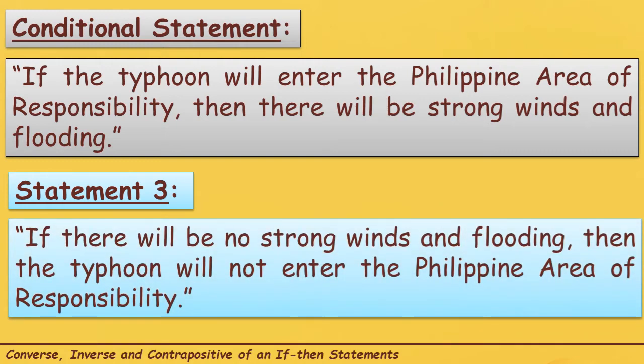If there will be no strong winds and flooding, then the typhoon will not enter the Philippine area of responsibility. Let us now compare the conditional statement and statement number 3. What do you think happened to the hypothesis and conclusion in statement number 3?